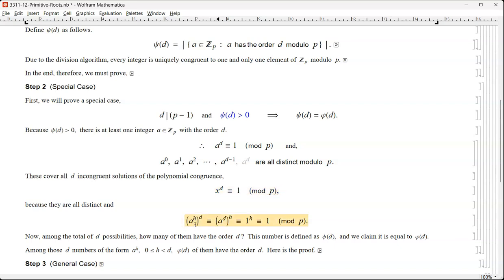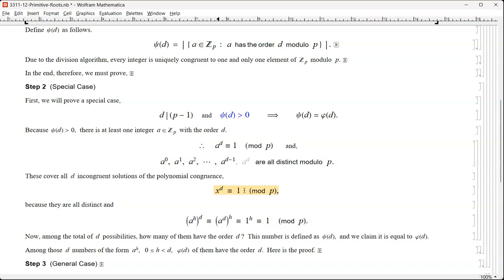Look at this. a to the h power to the d power is a to the d power to the h power, so 1 to the h power, so it's 1. So all these satisfy this congruence. They are precisely d solutions here that are incongruent, and they're all incongruent. They are all distinct mod p.